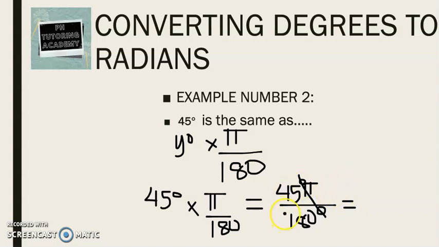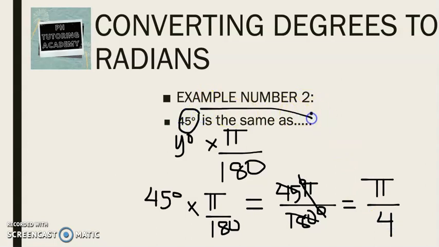So 45 pi over 180. We can divide both by 45. 45 pi divided by 45 is just pi, and 180 divided by 45 is 4. So 45 degrees is actually the same as pi over 4 radians.